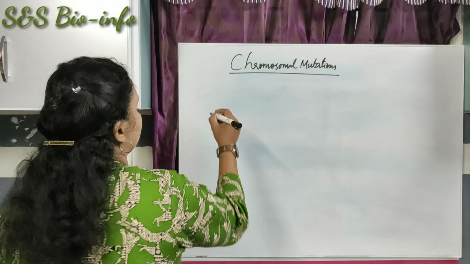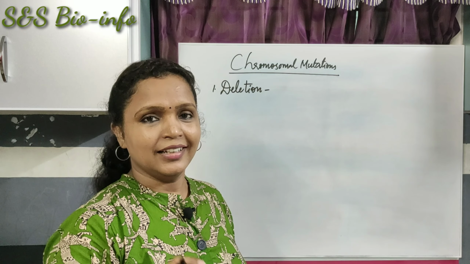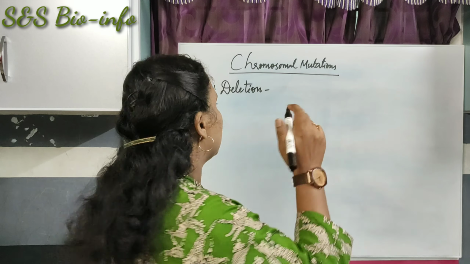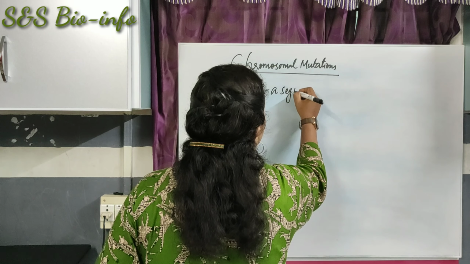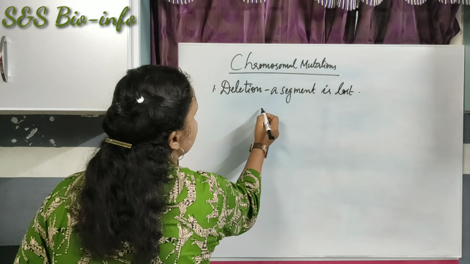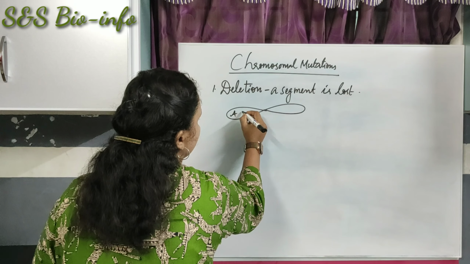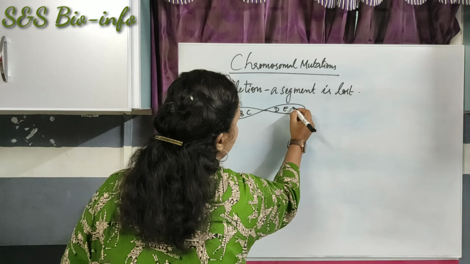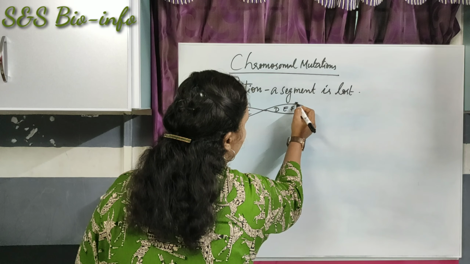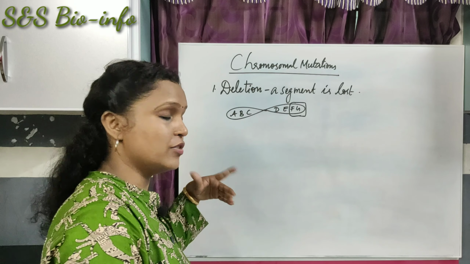The first one, deletion. In this, a segment of the chromosome is deleted or lost. For example, suppose this is a chromosome with some genes A, B, C, D, E, F, G. If this particular part is deleted from this chromosome, the structure of the chromosome will change.